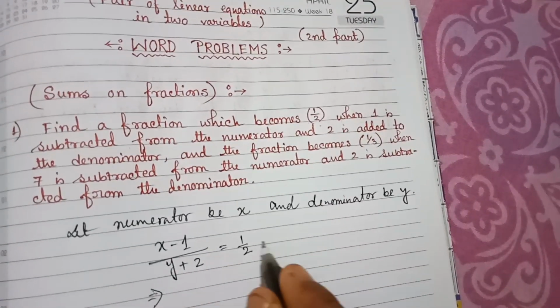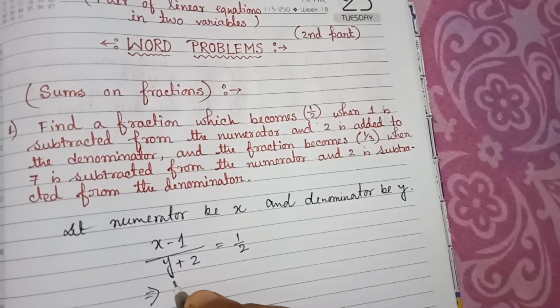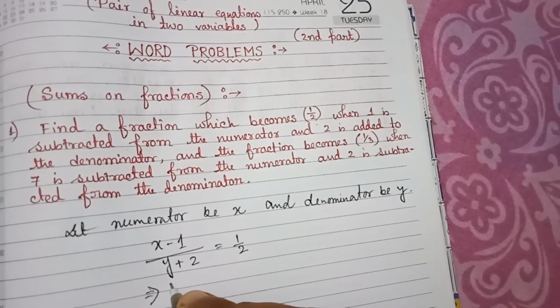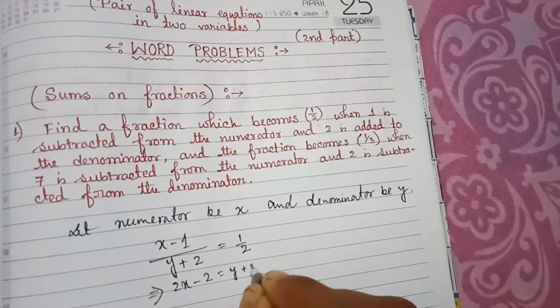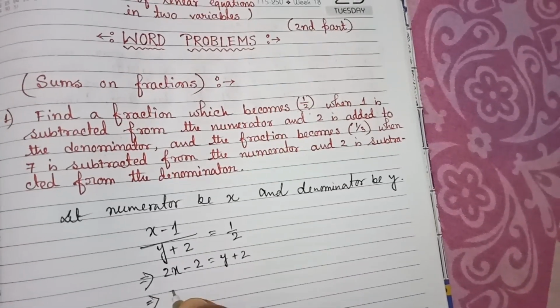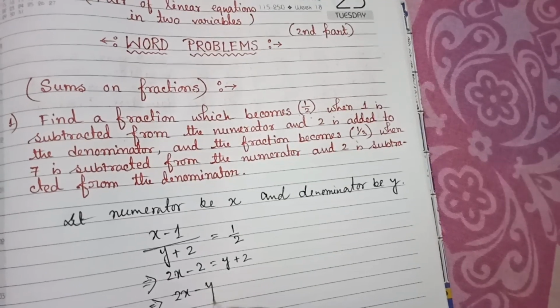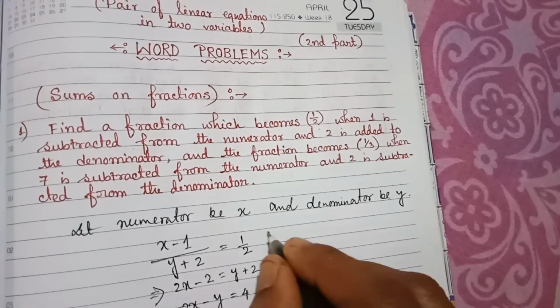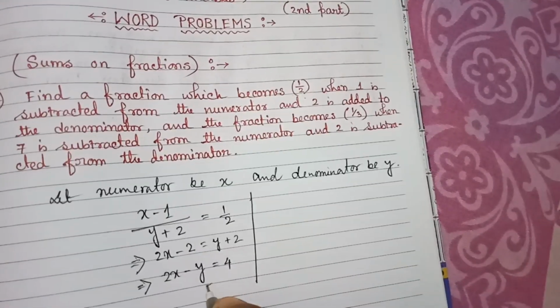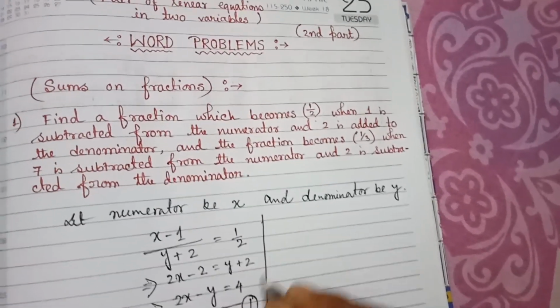This is the first condition. We will solve it like this: 2x minus 2 equals y plus 2, and we get 2x minus y equals 4. So this is the first equation.